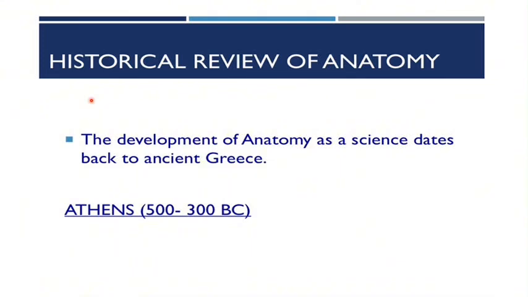What you need to take from this part is that you don't necessarily have to memorize the year they were born or the period in which they lived. You just need to know their names and perhaps their contribution to anatomy. The development of anatomy as a science dates way back to ancient Greece, from 500 to 300 BC, before Christ.